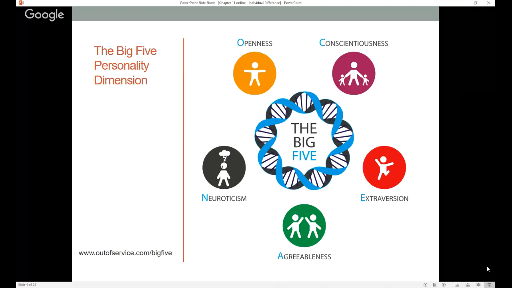Over the years, they realized that there are these 5 big factors of personality that are stable across cultures, across generations, and that are measurable, very highly reliable, and very highly valid as well. The Big Five is one of those really respected personality tests that is used by researchers and by a lot of practitioners, because it has very high reliability, which means year after year, when you give the test to a person, the scores won't change.